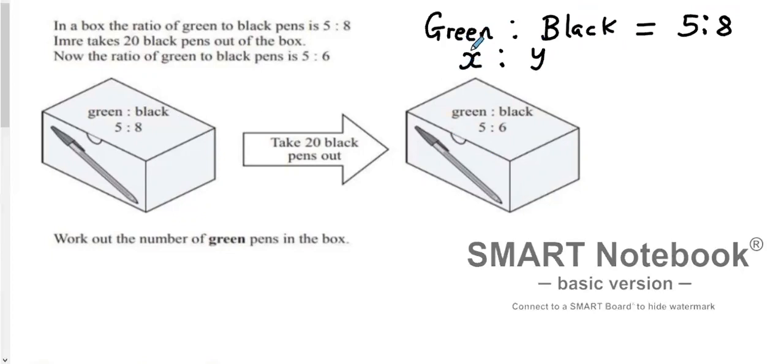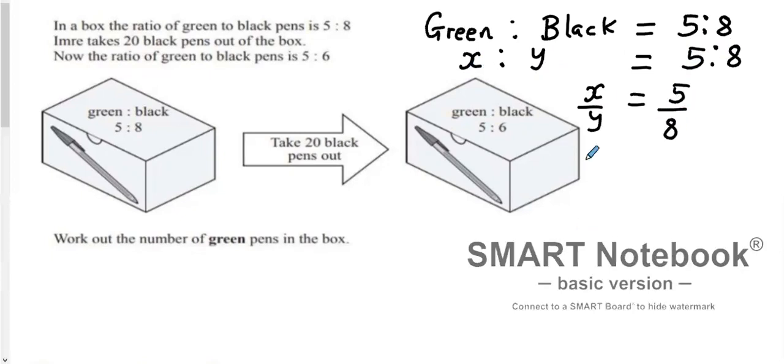But the number of green pens to the number of black pens, that ratio equals 5:8. Okay? Now, what does this mean? It means that when you write this ratio in the form of a fraction, you're going to have x over y equals 5/8.